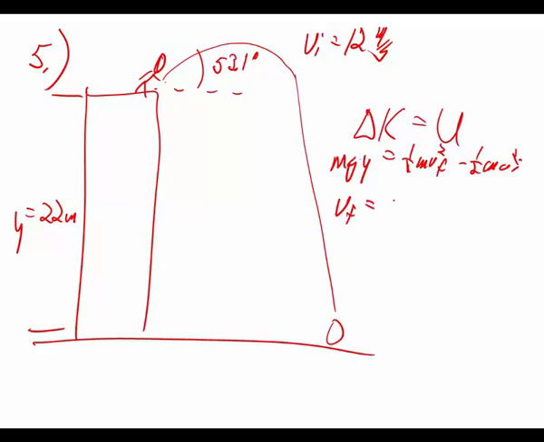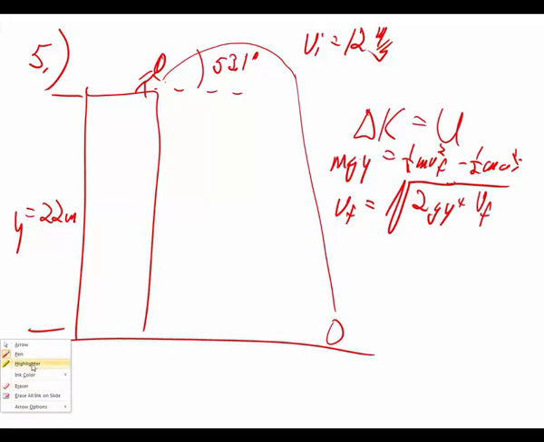And our equation is going to look like what? The square root of 2gy plus v initial squared. My bad, the initial.